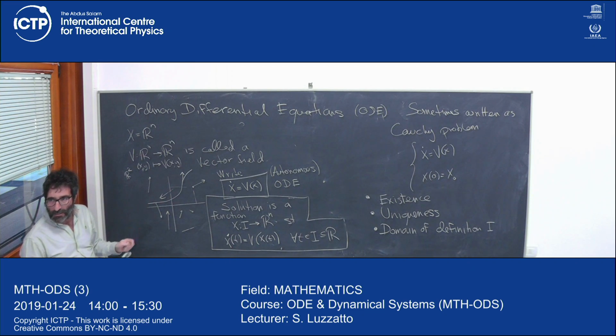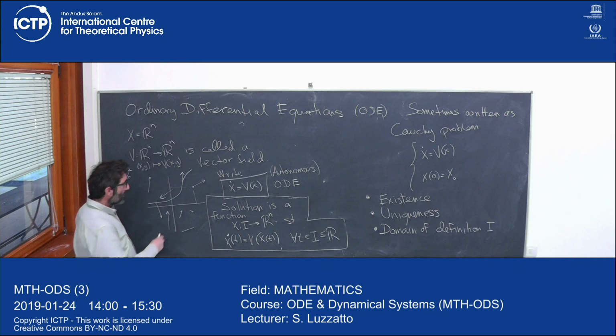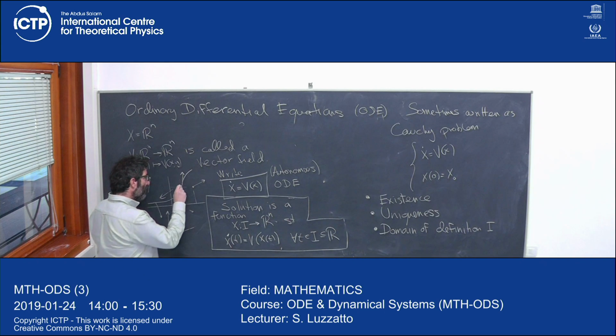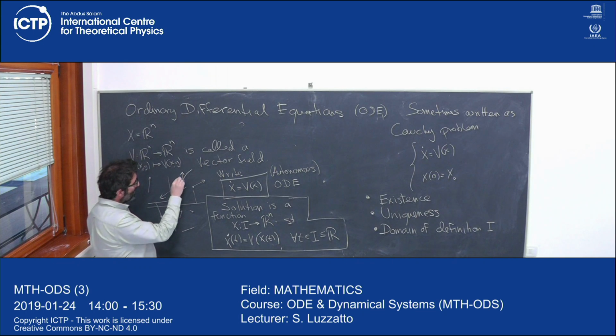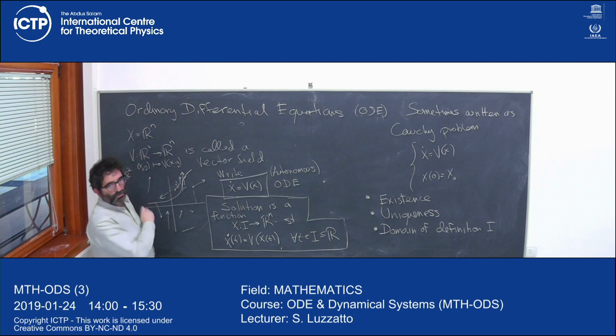It's one of the classical theorems, which is actually quite remarkable when you think about it. You have a vector through every point, they might be going in different directions, but they vary continuously, so you cannot have a vector here and immediately afterwards a vector going in a completely different direction. So if the vector field is continuous, then through every point there exists some solution. This is a standard theorem.